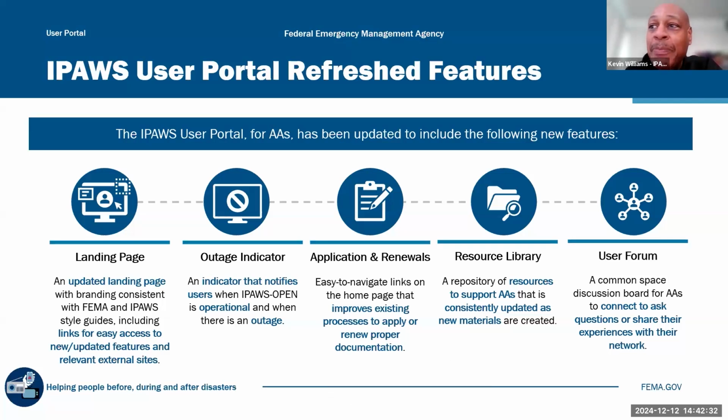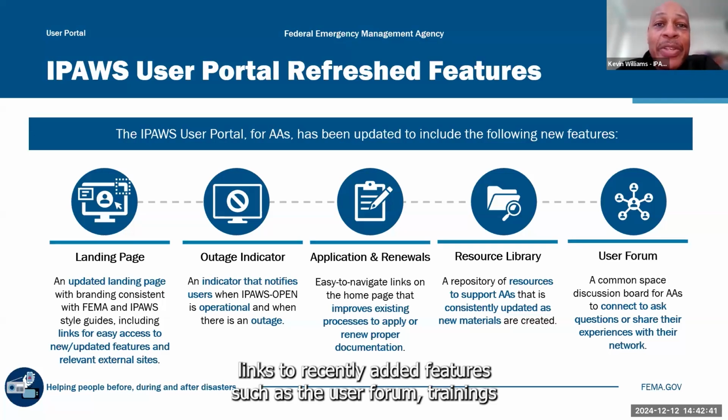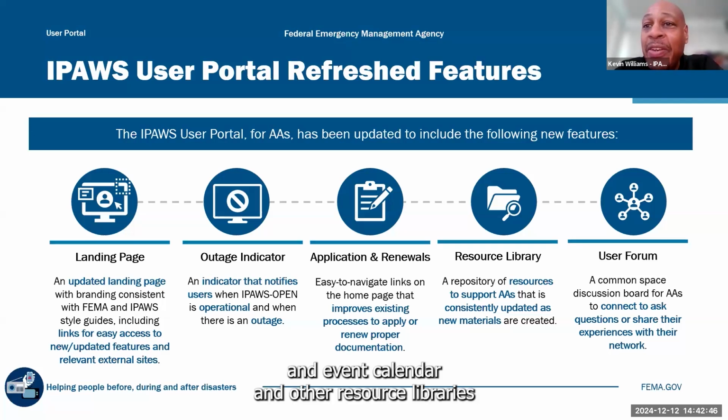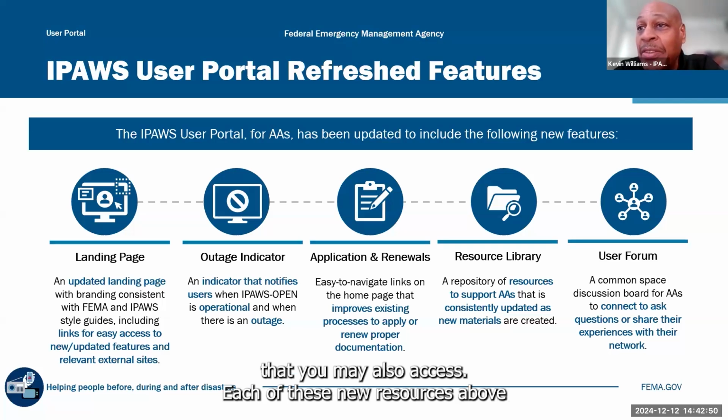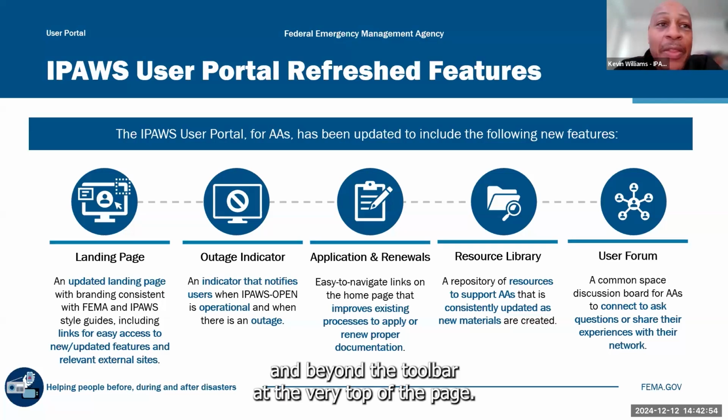IPAWS has added links to recently added features such as the user forum, trainings, and event calendar, and other resource libraries that you may also access above and beyond the toolbar at the very top of the page.